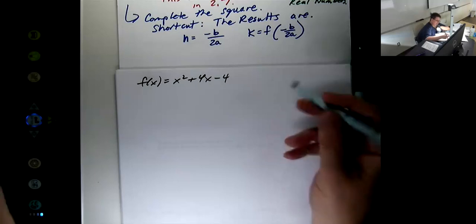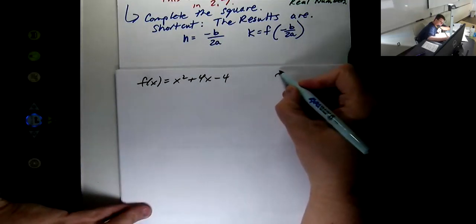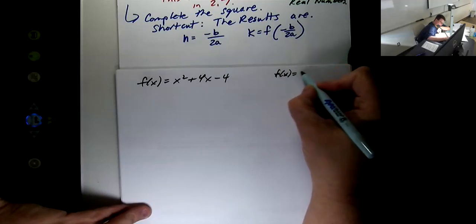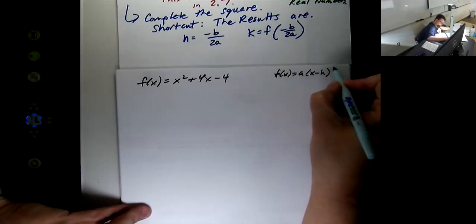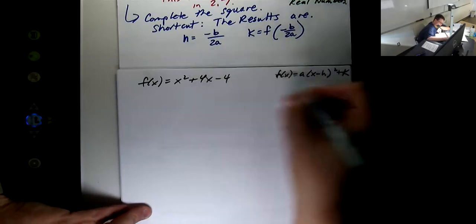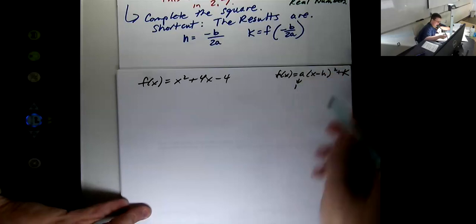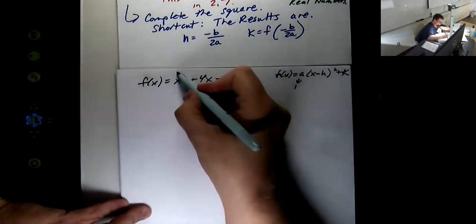So if I want to write it in the a times x minus h squared plus k form, the a is the same. A here equals 1, because a is right there.